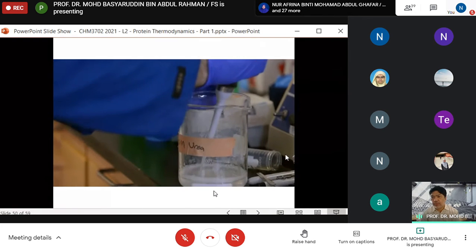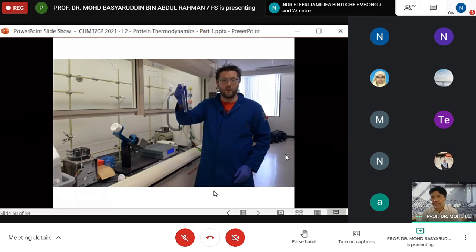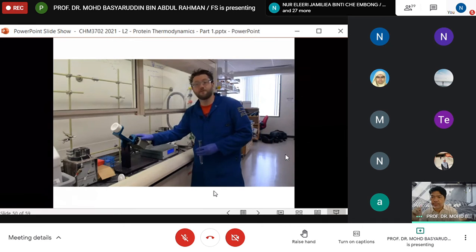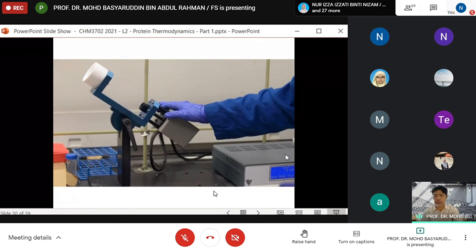So how to refold the protein? Okay, put some urea. It's actually a vortex. It's a mechanical way of doing this.